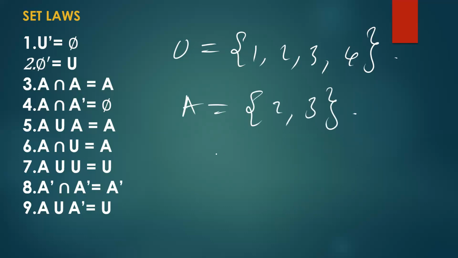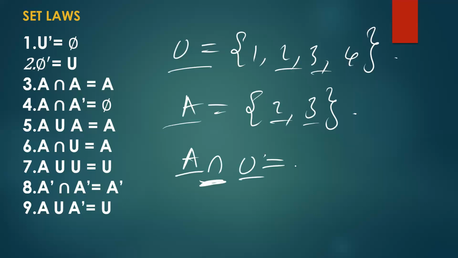Then they ask you to find A intersection universal set. The intersection means that we find the common elements between A and the universal set. So the common elements between A and the universal set there are simply just 2 and 3, because these are the only elements that we have in A and the universal set. So we have 2 and 3.